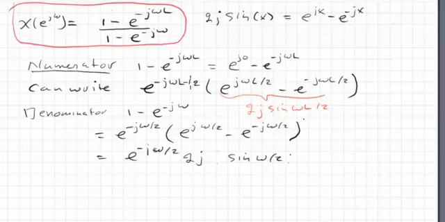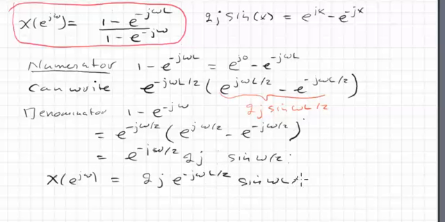Now we've got a numerator result and a denominator result, and we can put them together into this equation and see what we get. It ought to simplify a whole bunch. So we've got X(e to the j omega), and the numerator is 2j e to the minus j omega L over 2 times sine omega L over 2.